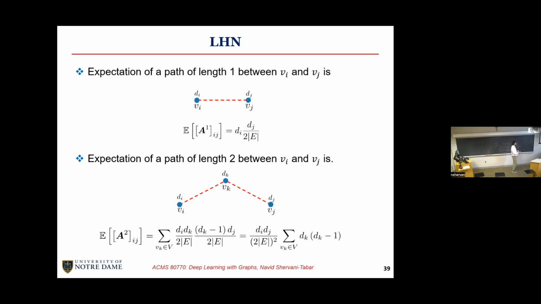We have two values that are a function of k, the degree of node k. So we take everything out, we are left with Di Dj over 2E squared. And inside that summation, we are only left with Dk times Dk minus 1. And that's going to be the relation for that.